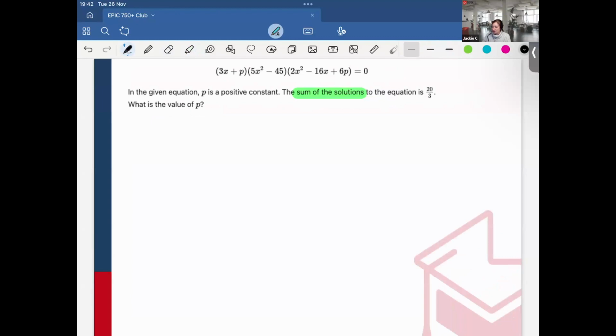First, notice that all of them are equal to 0. So 3x plus p equals 0 is one. Another is 5x squared minus 45 equals 0. And then we have 2x squared minus 16x plus 6p equals 0.